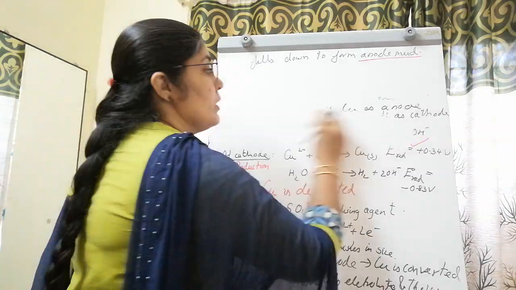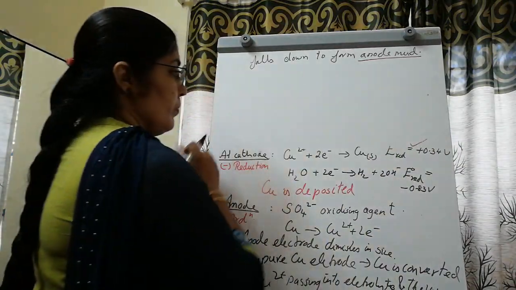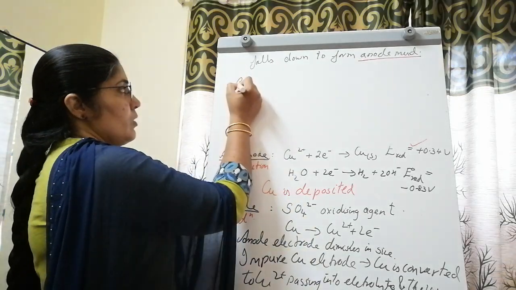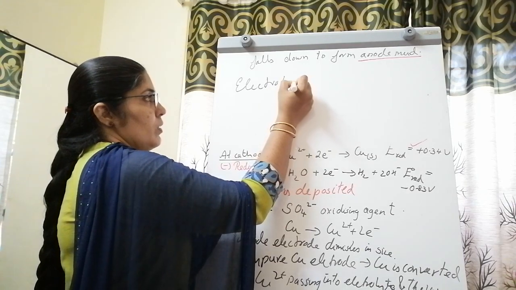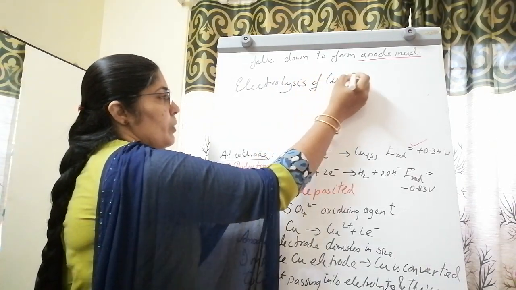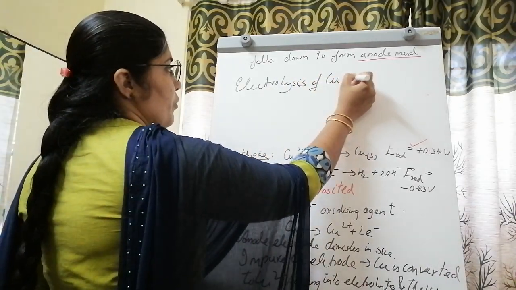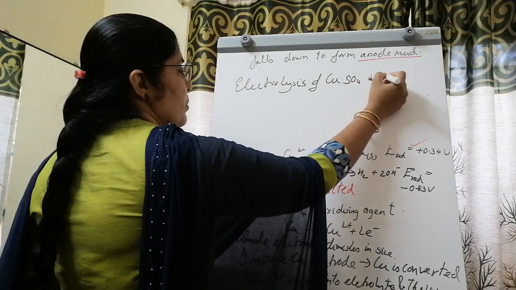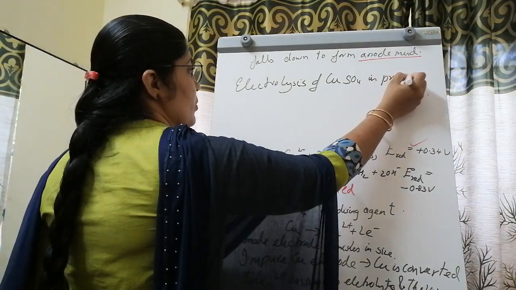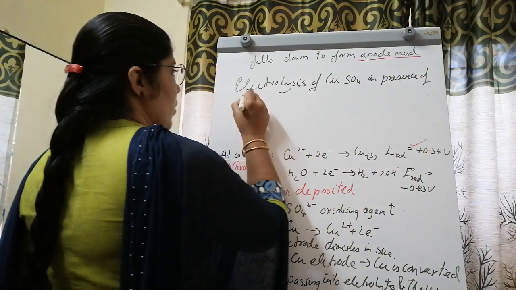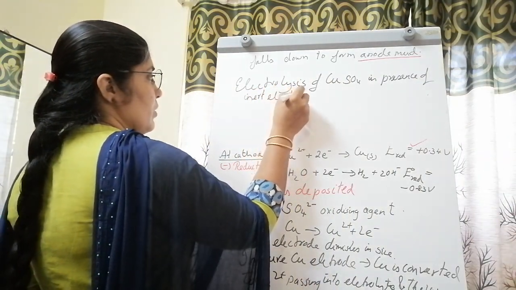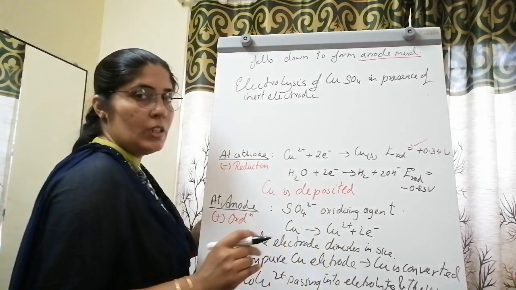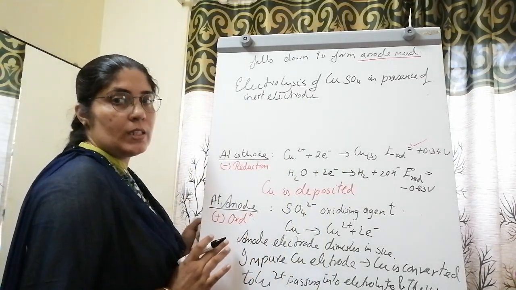I am going to write here electrolysis of copper sulfate in presence of inert electrode. In presence of inert electrode is what we are going to see here.